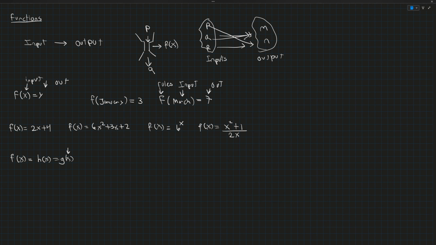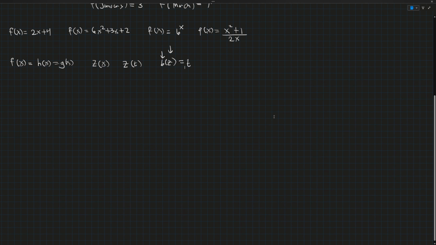This just tells us what the input is going to be, and this tells us the way we could write it. We could write something like z of x, or z of t, where now instead of the variable x, we use the variable t. Or we could write something like b of z, which could be equal to some t. It really depends. So, let's do an example.